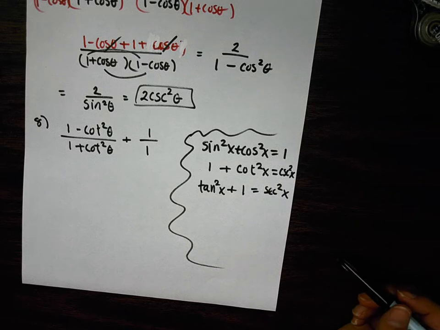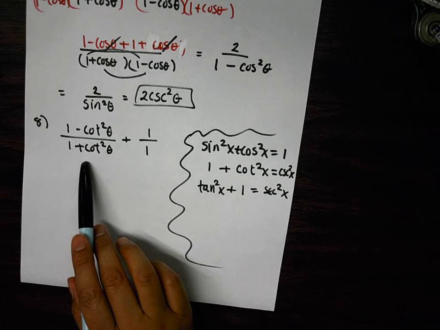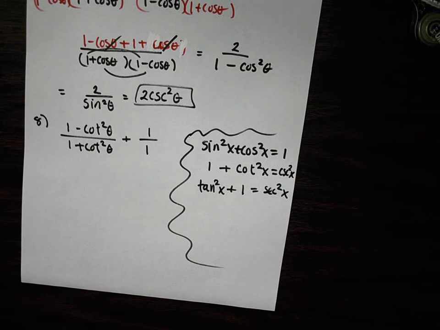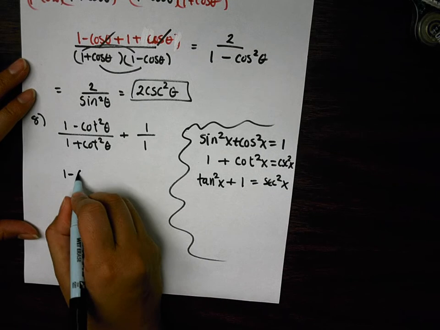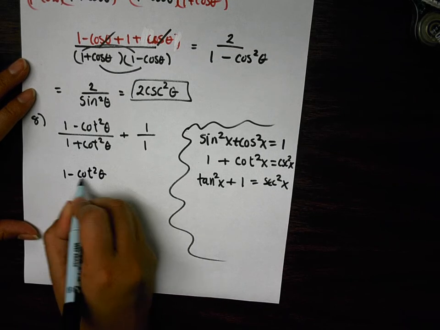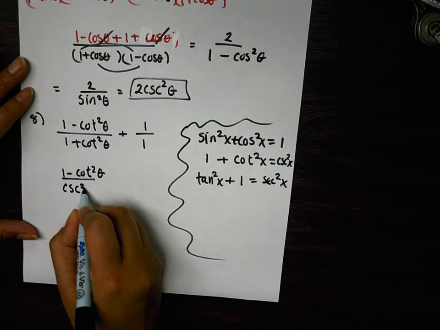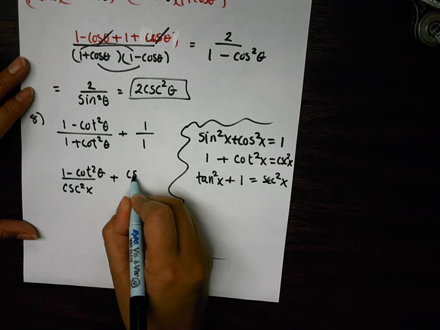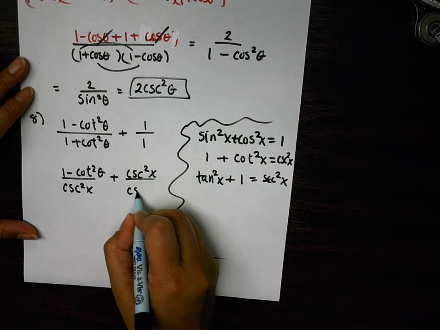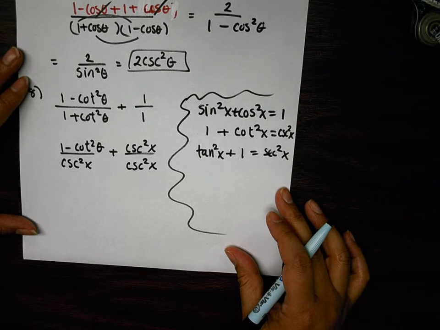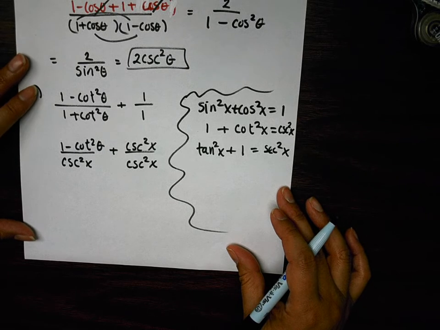Common denominator? Okay, if we do that, do you want to change the 1 plus cotangent squared or leave it? Change it. 1 minus cotangent squared theta over, what does it change to? Cosecant squared theta plus cosecant squared theta over cosecant squared theta.